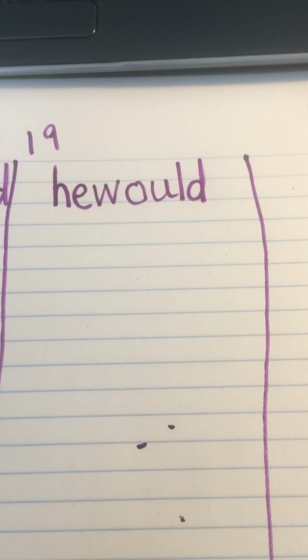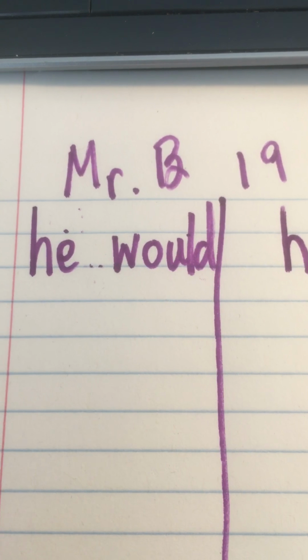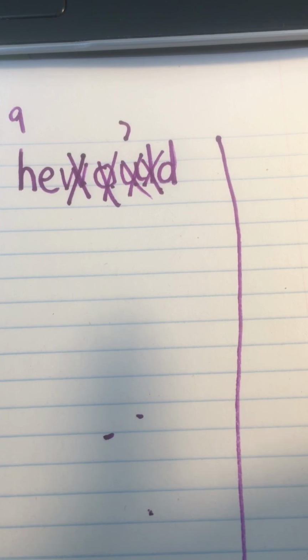He would. All right. Now, the contractions with the word would, they really are serious about their contractions, because they don't just take away one letter, but any time a contraction is made out of would, they take away the W, they take away the O, they take away the U, and the L. They contract 4 letters out of there. 1, 2, 3, 4, and they replace them with 1 apostrophe.